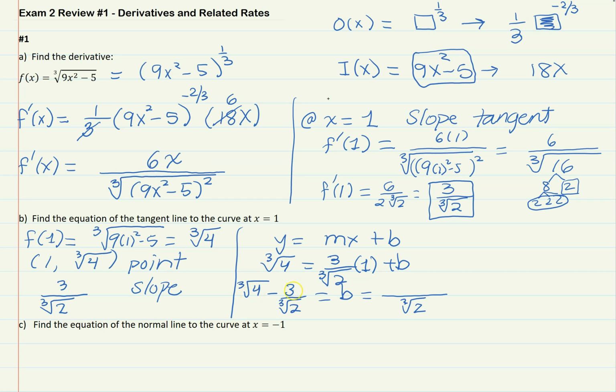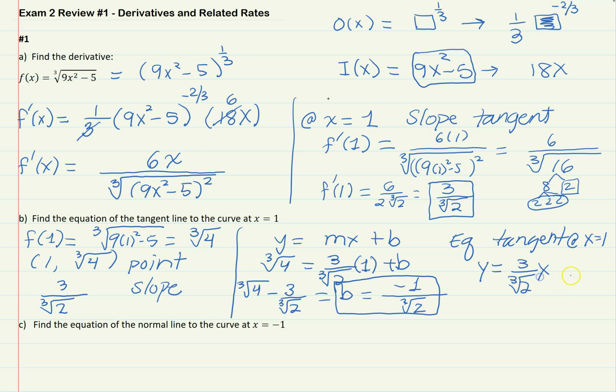And then 2 minus 3 is negative 1. So that is our b, and this is our slope. That means that the equation of the tangent line at x equal to 1 is y equals 3 over cube root of 2 times x minus 1 over cube root of 2. And that is our final answer.